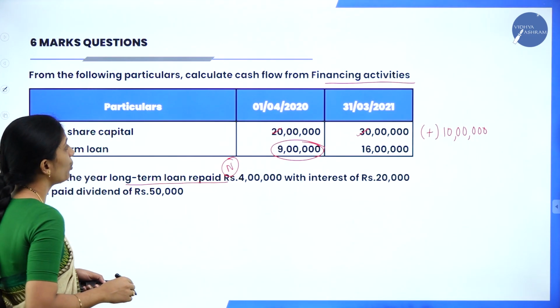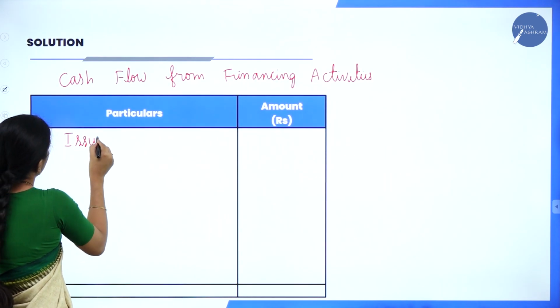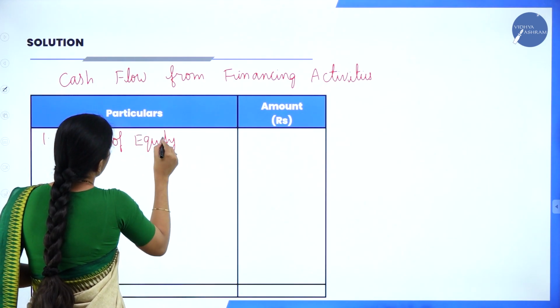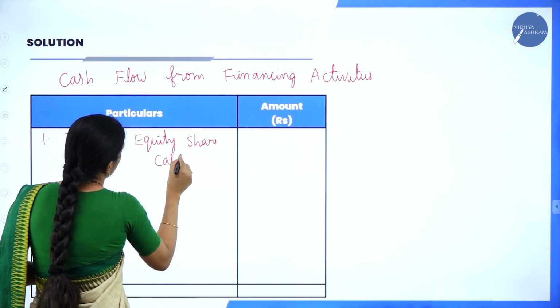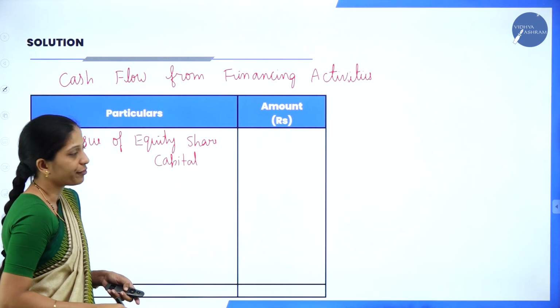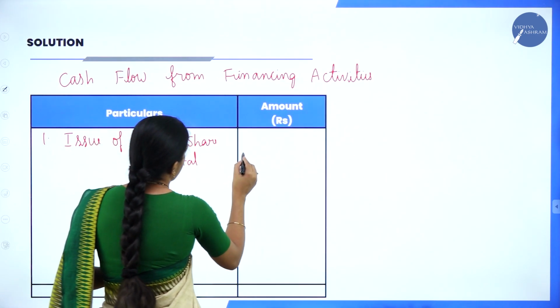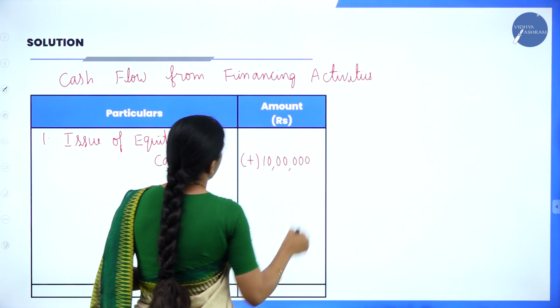Yeah, it is issue of equity share capital. Issue of equity share capital plus 10 lakh. So it has increased, so plus 10 lakh.